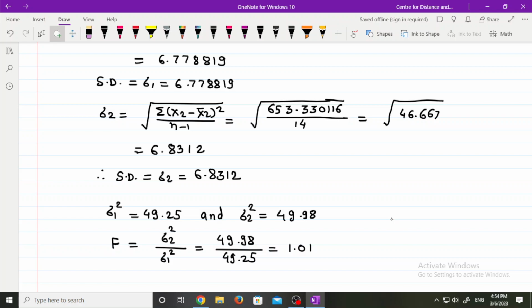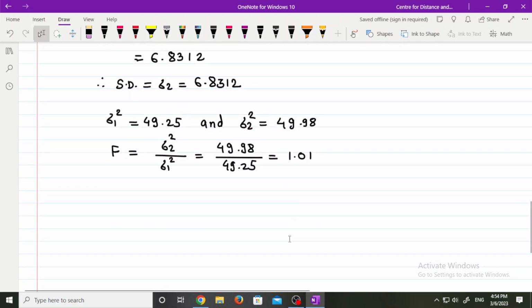Now we find the table value of F, given that the F statistic is 1.01. We have to find the table value for degrees of freedom n minus 1, that is 15 minus 1 is equal to 14.